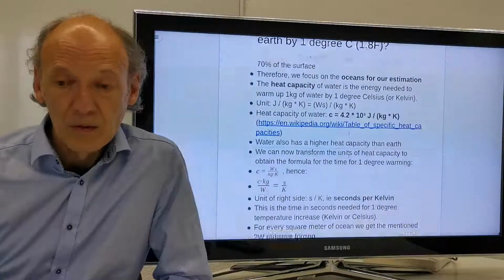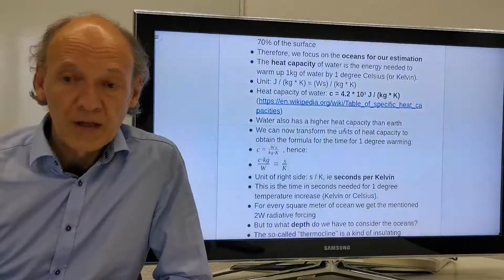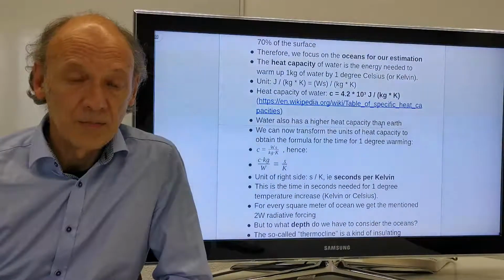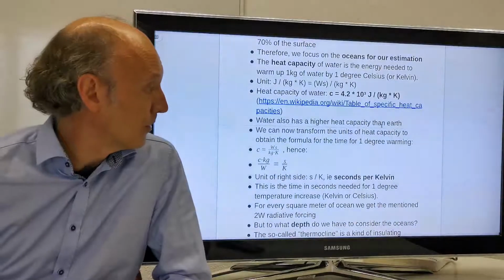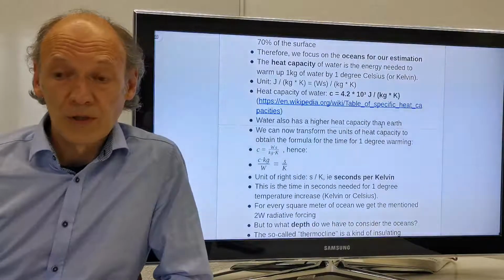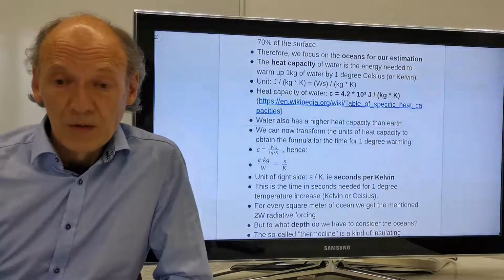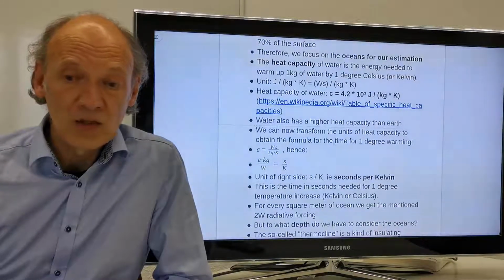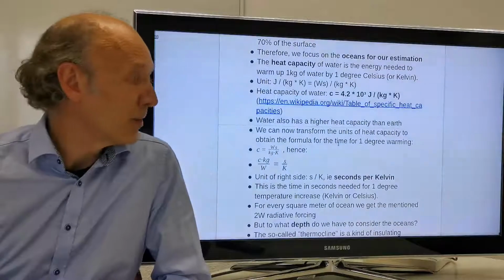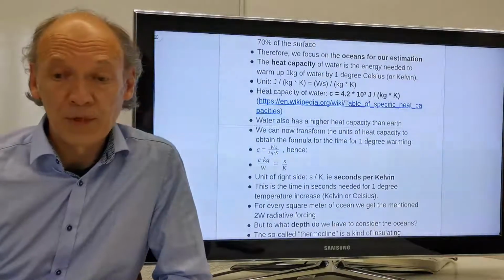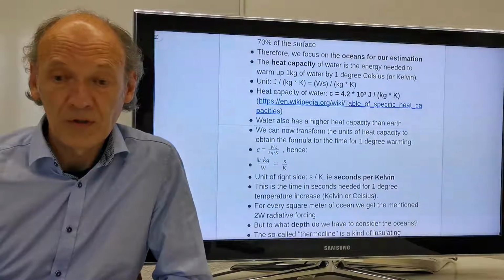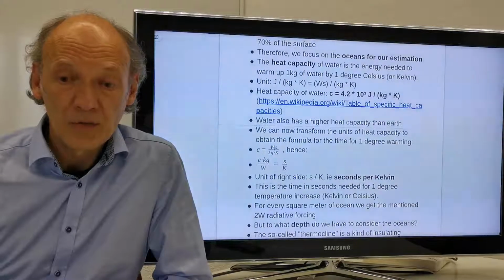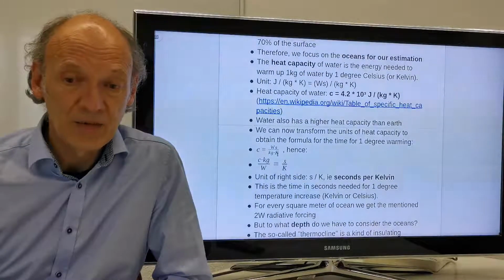Water also has a higher heat capacity than the remaining Earth surface. So that's another reason why we can concentrate on it. We can now transform the units of the heat capacity to obtain a formula for the time for 1 degree warming. We see that the heat capacity is watt-seconds per kilogram and Kelvin.